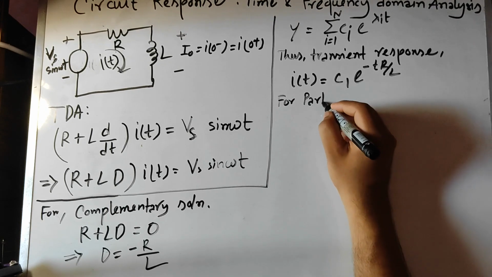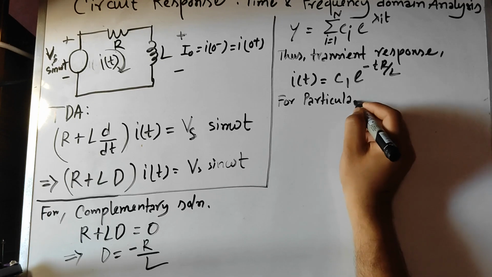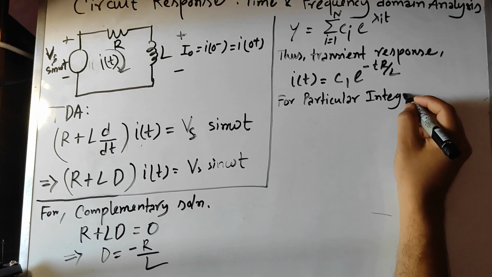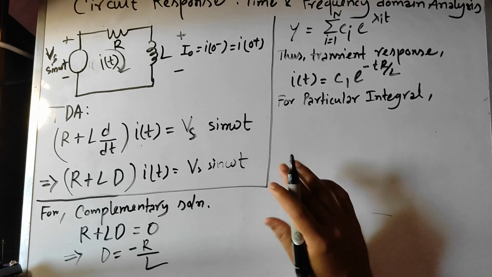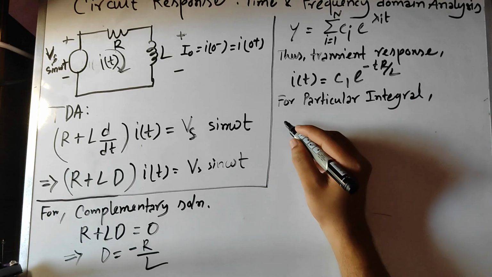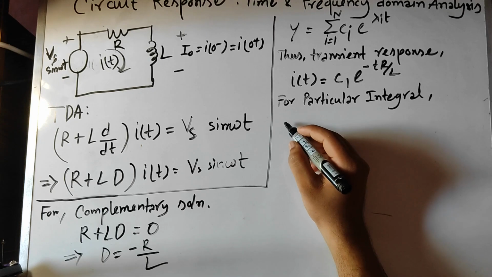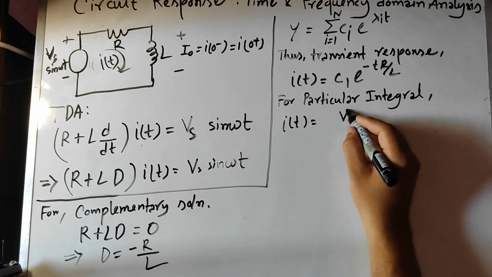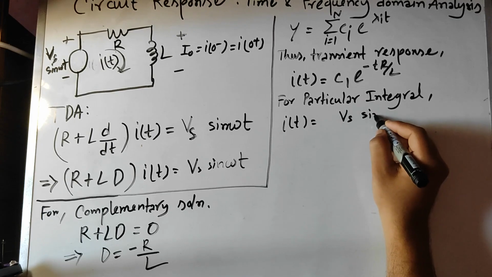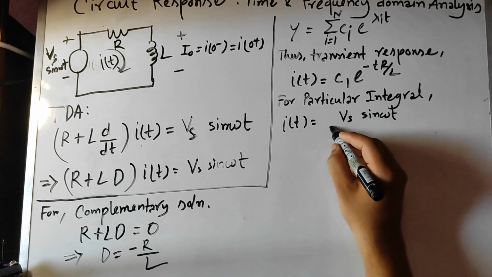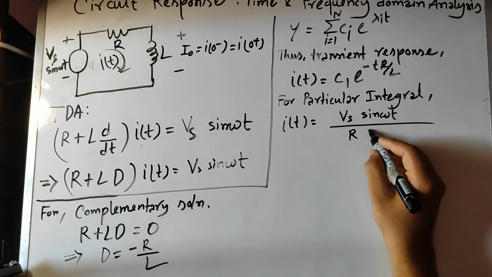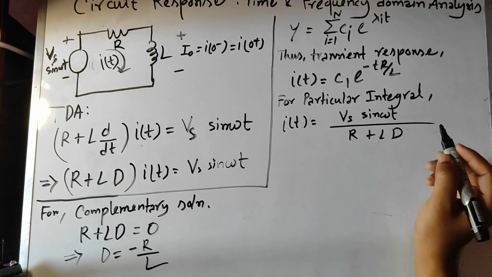Particular integral. The particular integral is i(t) equals Vs sin omega t by (R plus LD).